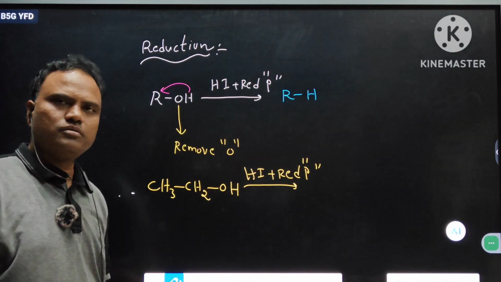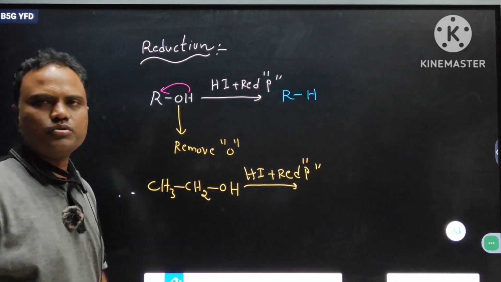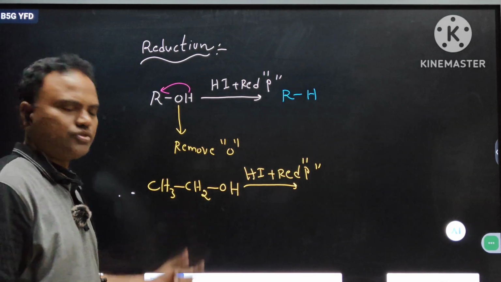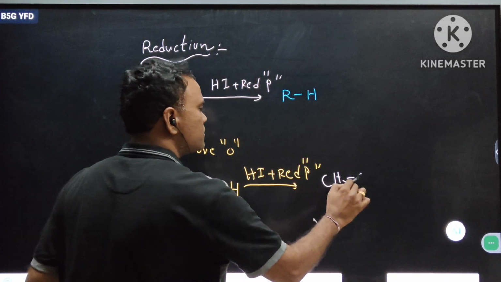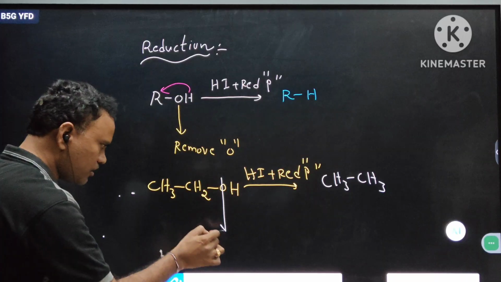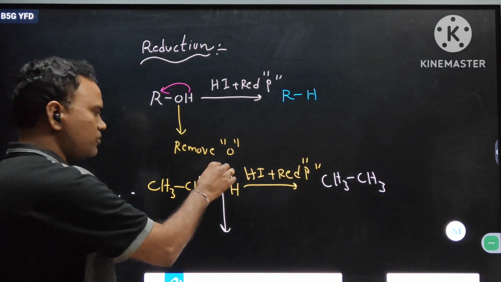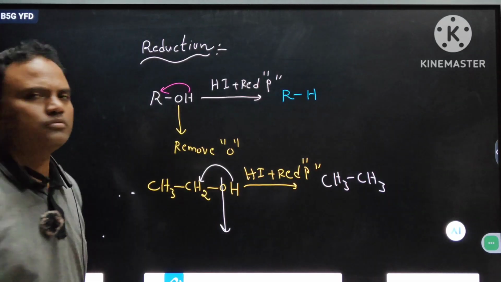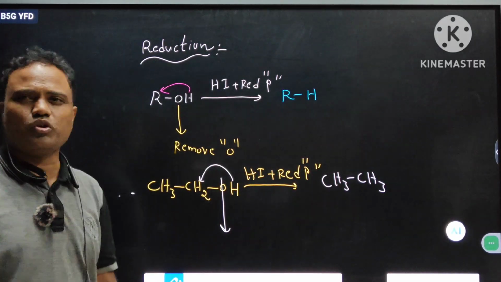Cut oxygen and attach hydrogen to R. R means CH3CH2. So what you will get? CH3. Here you are removing oxygen and attaching hydrogen. This is reduction. Reduction is a small topic only.